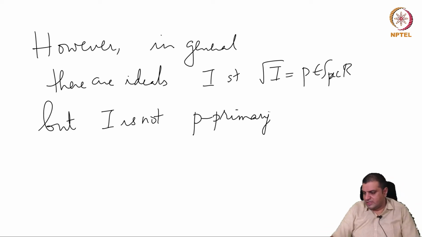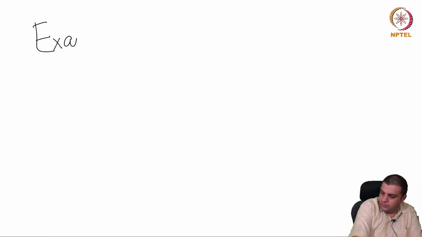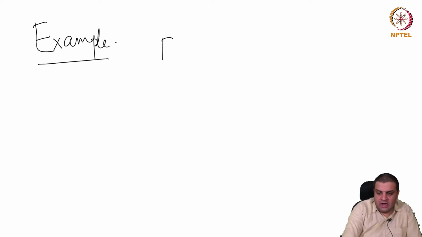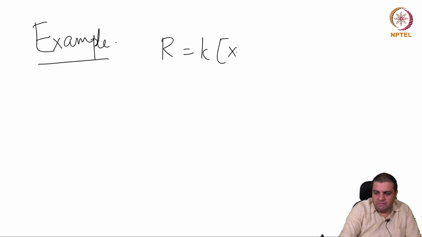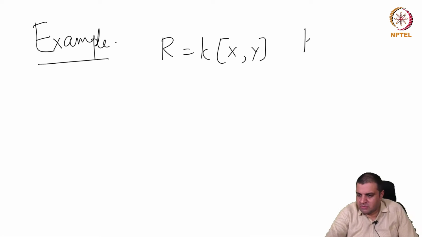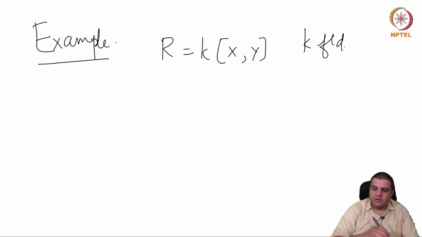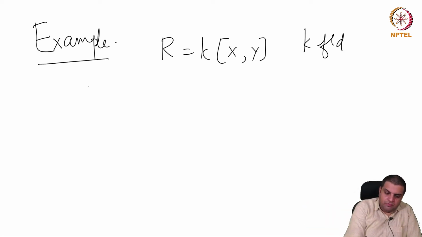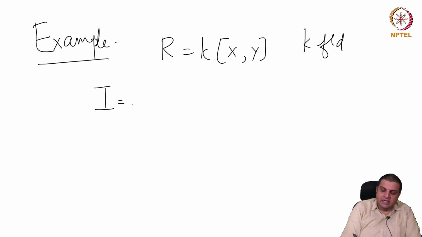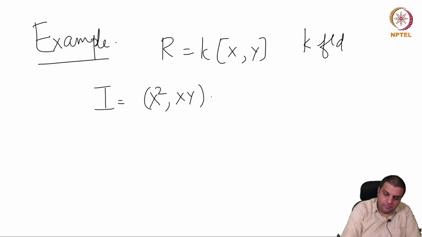Let's look at an example. Let R be the polynomial ring in two variables over a field K. Now let I be the ideal generated by x squared and xy. What is the radical of I?